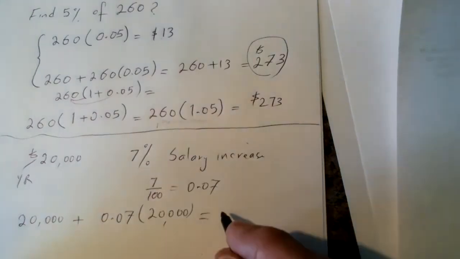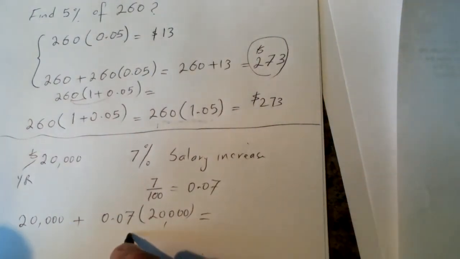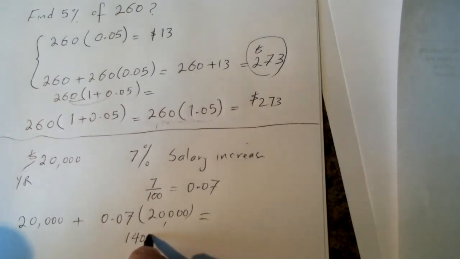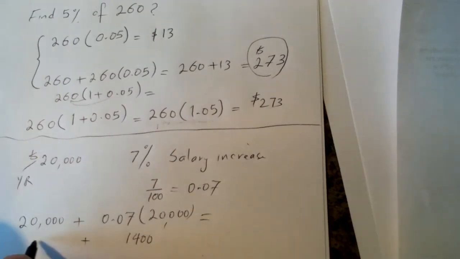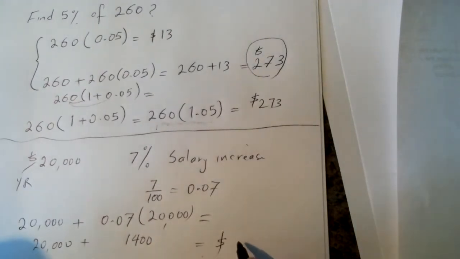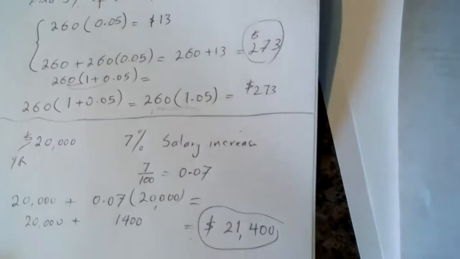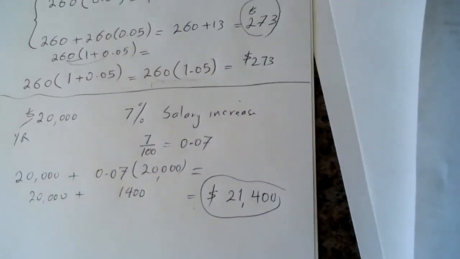That gave me 1,400. This is 1,400 plus 20,000, so the new salary is 21,400. Okay.